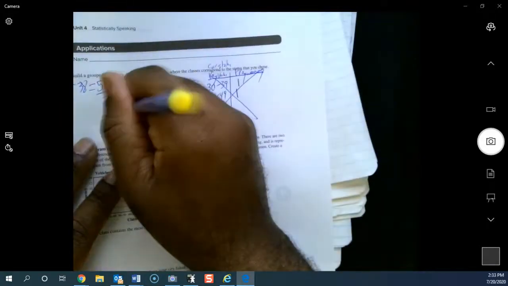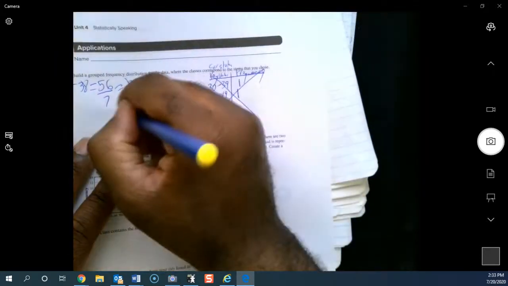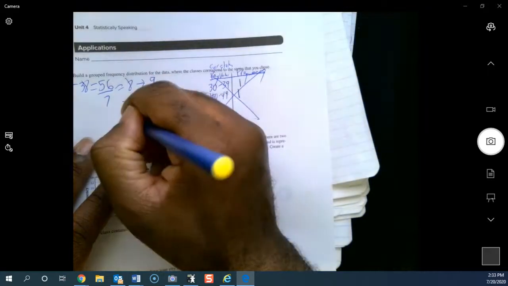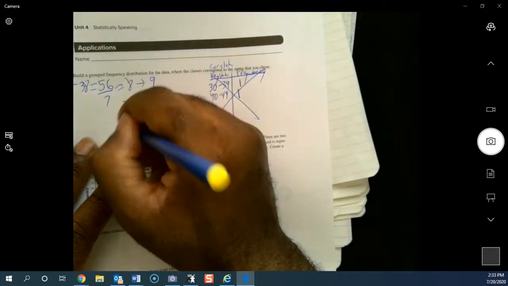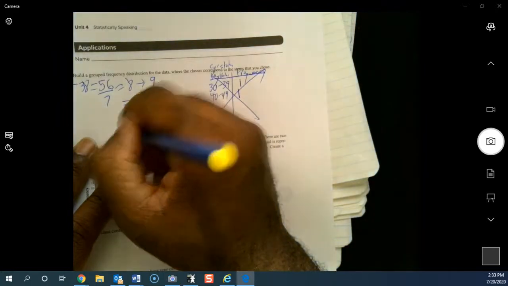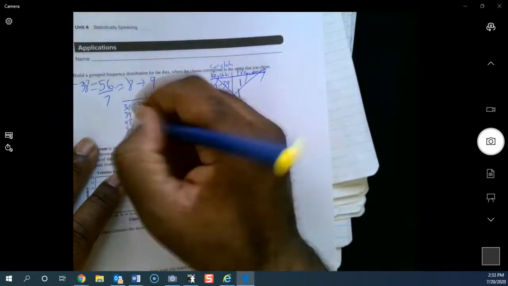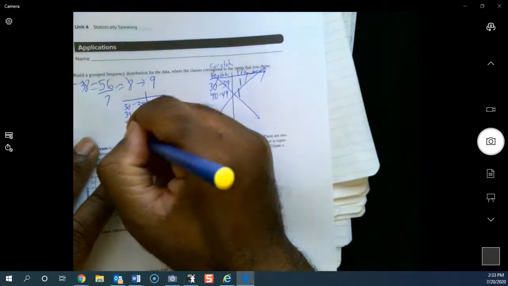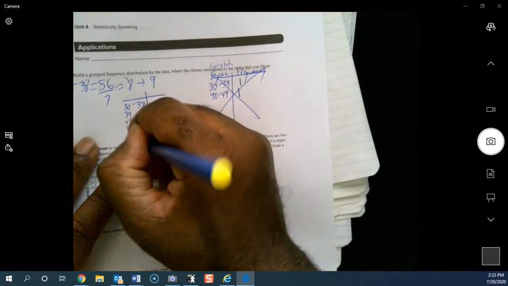So we do 30 to 38. And then this would be 39. Then we'll keep adding 9s. This would be 48, 57, 66, 75, 84.